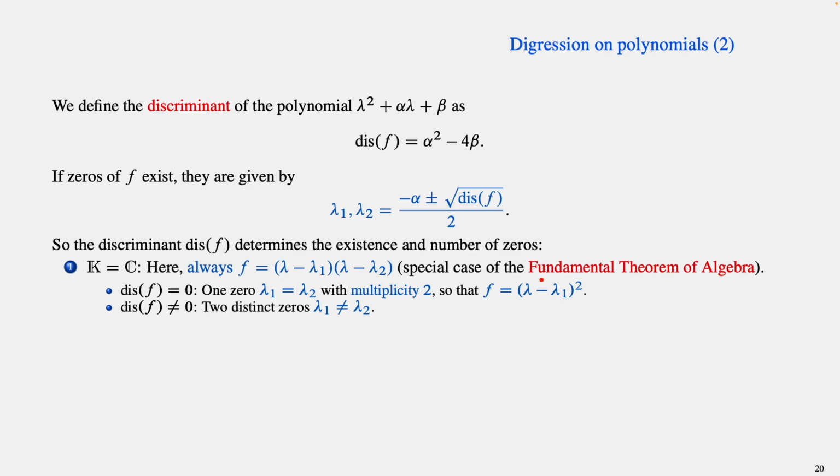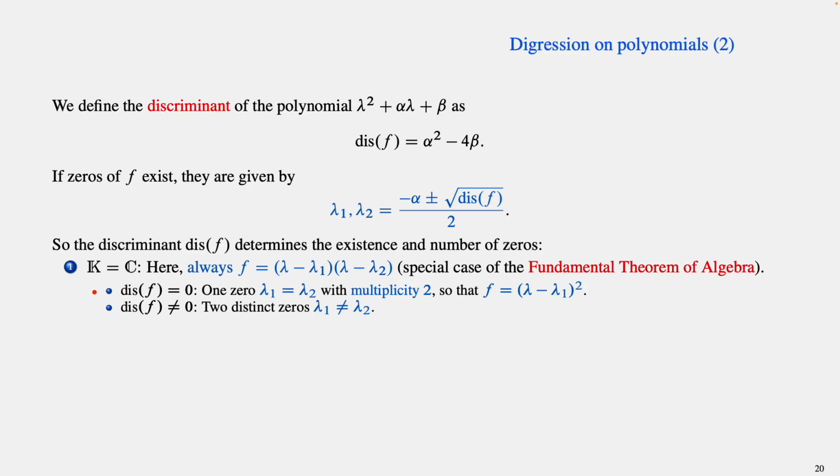And this is a special case of the so-called fundamental theorem of algebra. The special case being that in this case we just have a quadratic polynomial, and it's probably not too difficult to show it in the quadratic case for complex numbers, but the fundamental theorem of algebra would actually say that any polynomial of any degree always has a zero in the complex numbers.